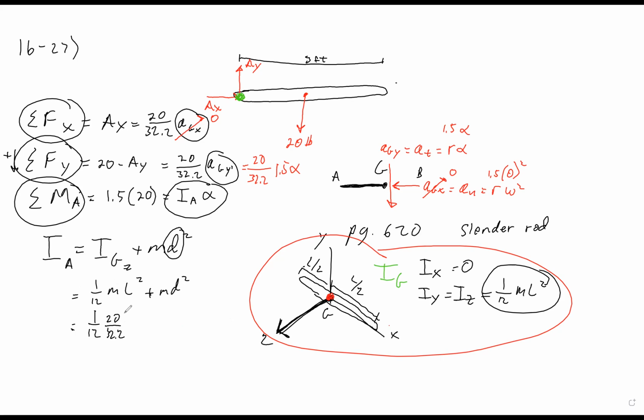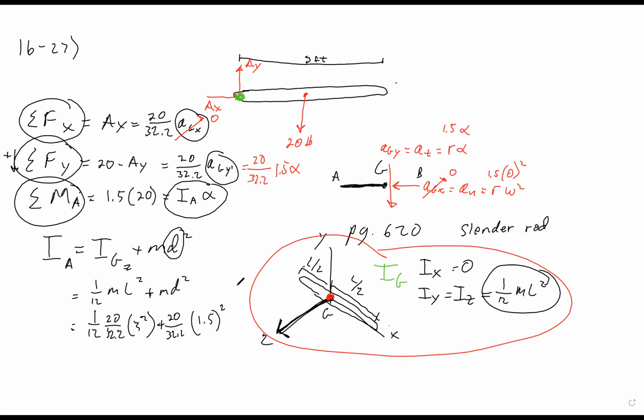And what is the length of our object? The length is 3 feet, squared. Then we have to do the shift. So we do 20 pounds divided by 32.2, and the shift is half the length of the rod, so 1.5 feet, squared.